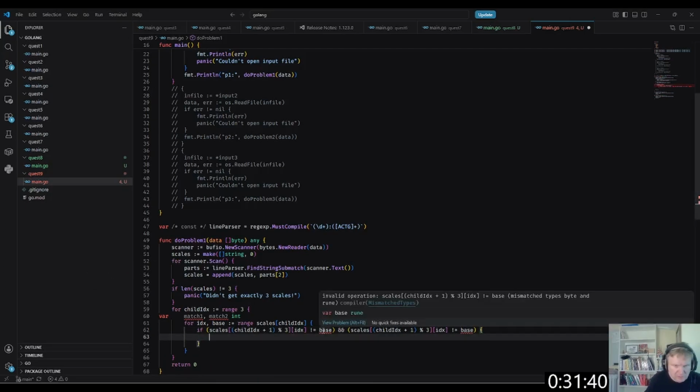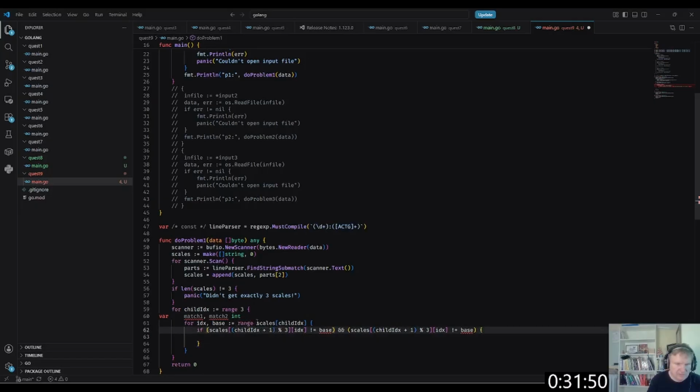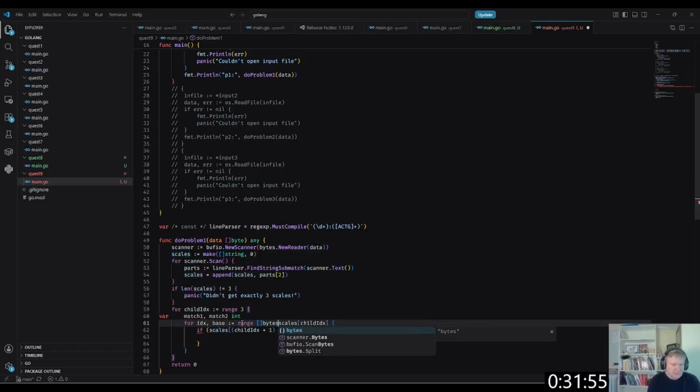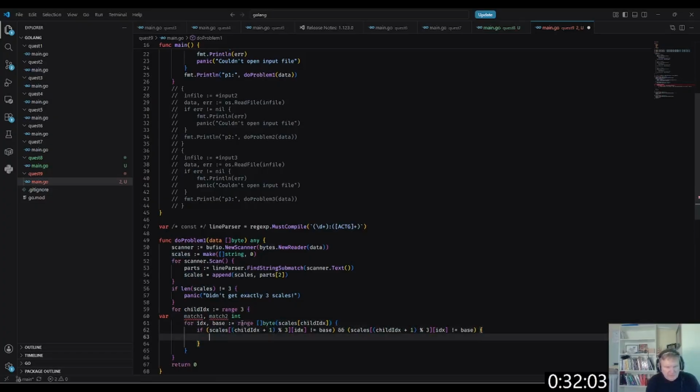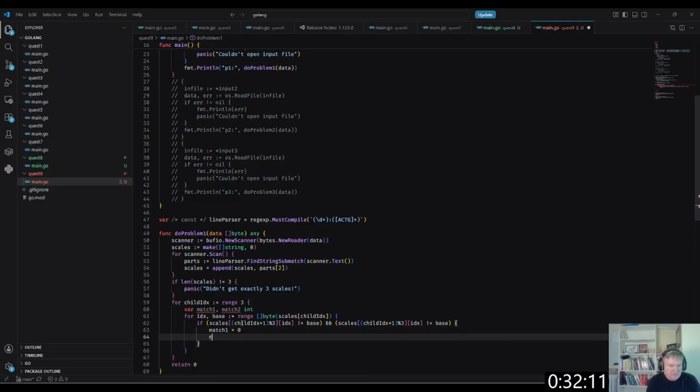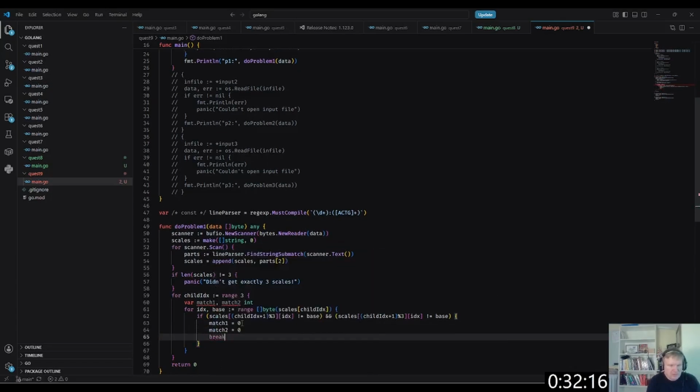Wait, why is that? Oh, is base a rune? Match 1 equals 0, match 2 equals 0, break.